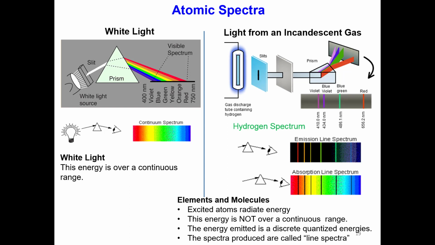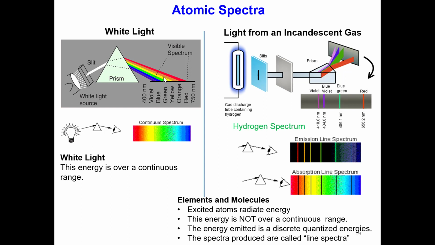What happens if white light is passed through a slit and then through a prism? We will see all the colors that constitute the white light. If we are able to disperse the white light, we can see the whole visible spectrum.